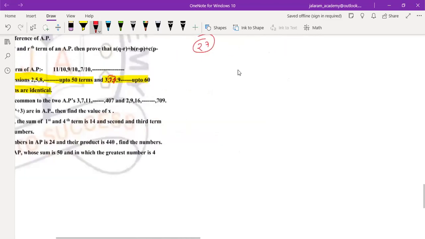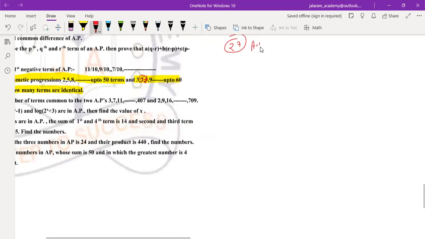So the first AP is 2, 5, 8, and so on up to 50 terms. It can have only 50 terms. And AP2 is 3, 5, 7, and so on up to 60 terms.